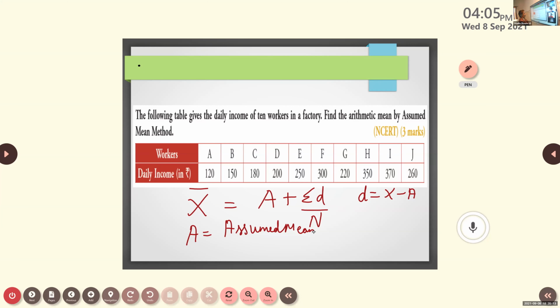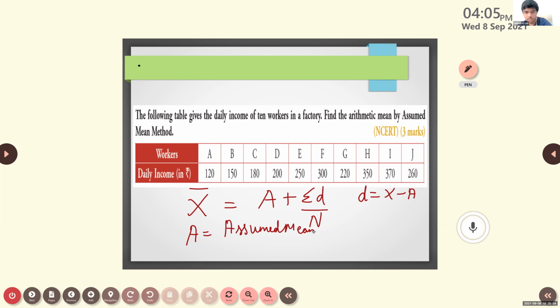Abhilash, did you get the total for D? Yes, ma'am. What is the total? 1200. Okay, then complete it. Assumed mean is 120, right? Yours?